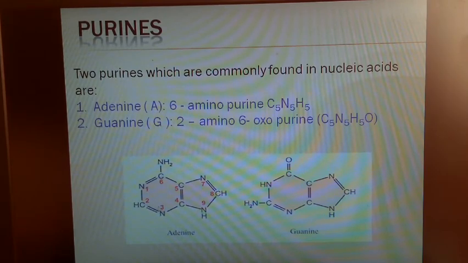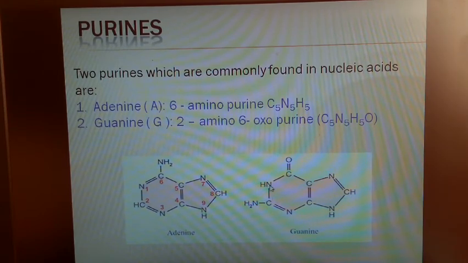So 1, 2, 3, 4, 5, 6, next 7, 8, 9. Likewise you can number from this end only: 1, 2, 3, 4, 5, 6, 7, 8 and 9.